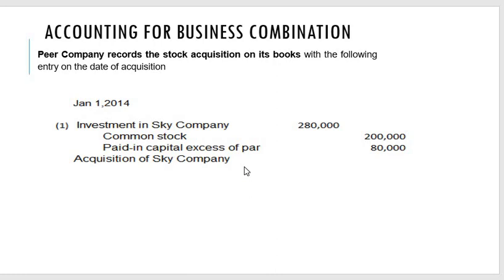That's 4 per share times 20,000, since 14 is the fair value and the par is 10. So you have 80,000 as your additional paid-in capital. Our entry would be a debit to investment in Sky Company at 280,000, credit common stock at 200,000, paid-in capital in excess of par at 80,000, to record the acquisition of Sky Company.